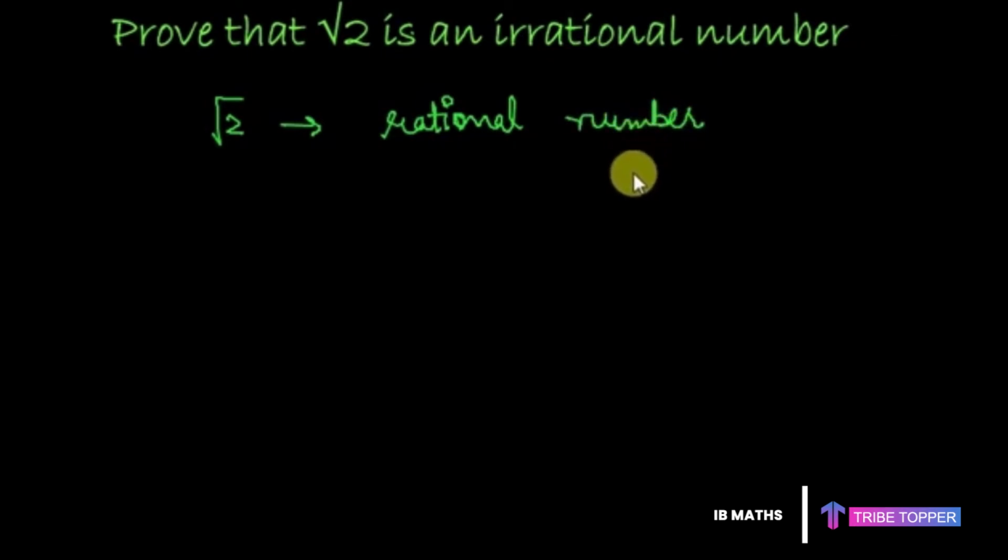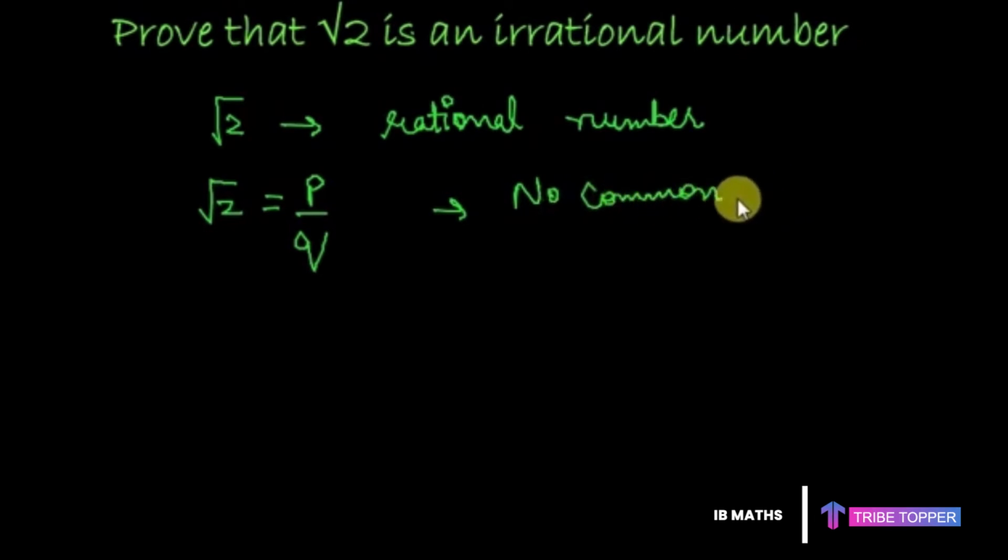Now that means that square root 2 can be expressed in the form p upon q, where of course p and q are integers, and there is no common factor between p and q, because we assume this to be the simplest form of square root 2, which cannot be simplified further.